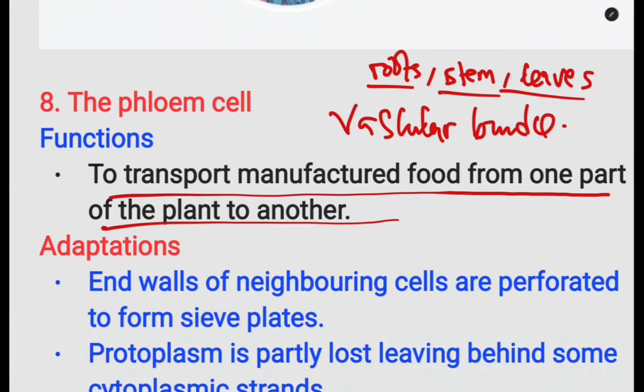We are also going to compare the xylem versus the phloem, because I've seen a question where they combined the xylem and the phloem and you're asked to identify them. I'm going to put up a diagram which will help us answer that question. So you know the function: transporting manufactured food from one part of the plant to another.